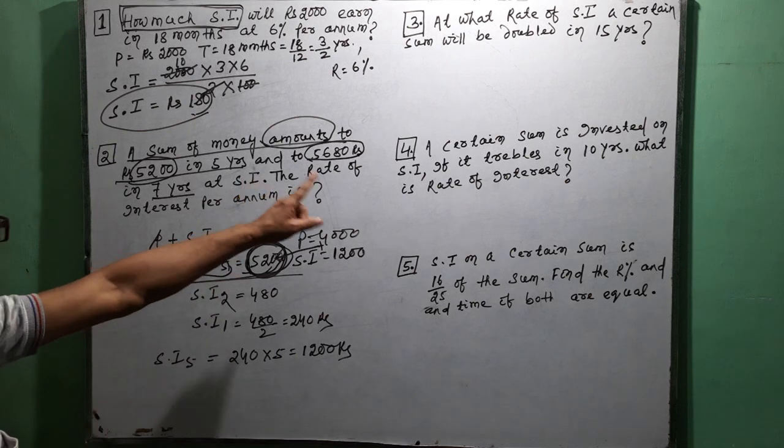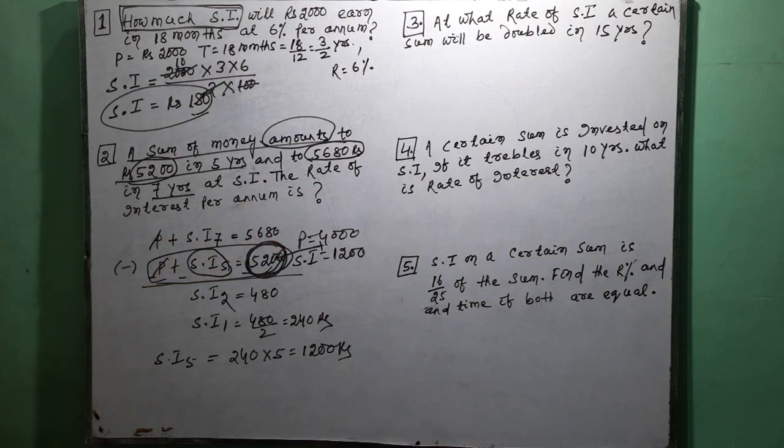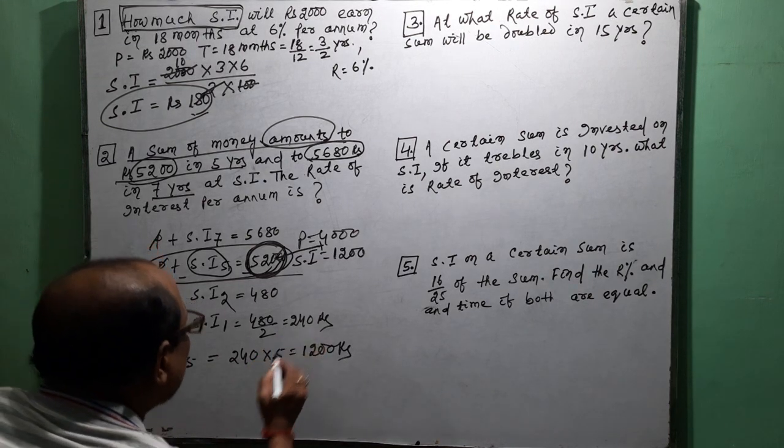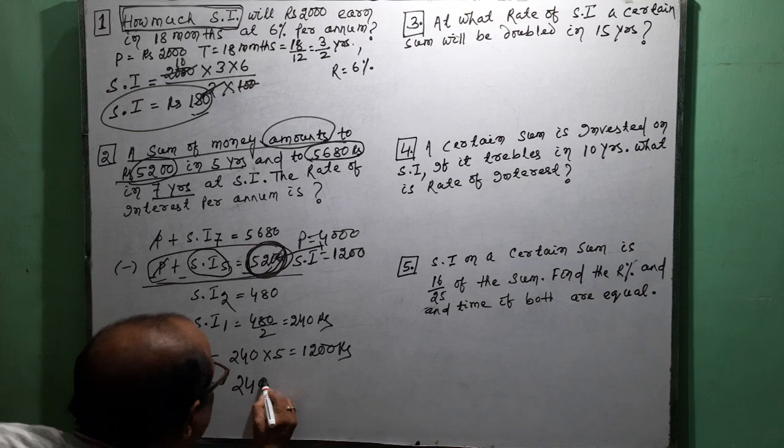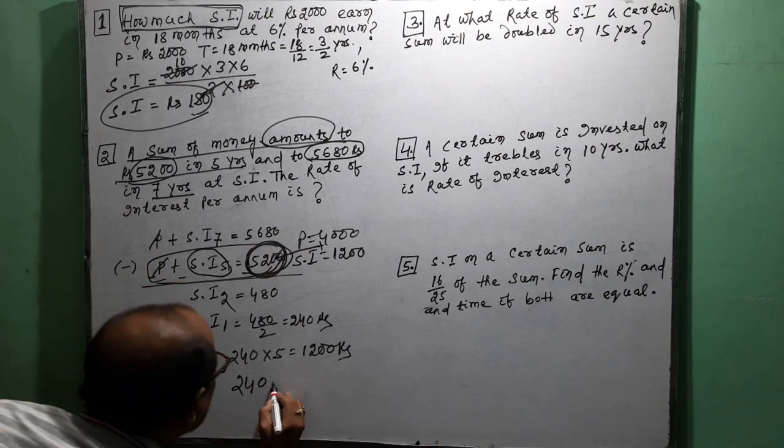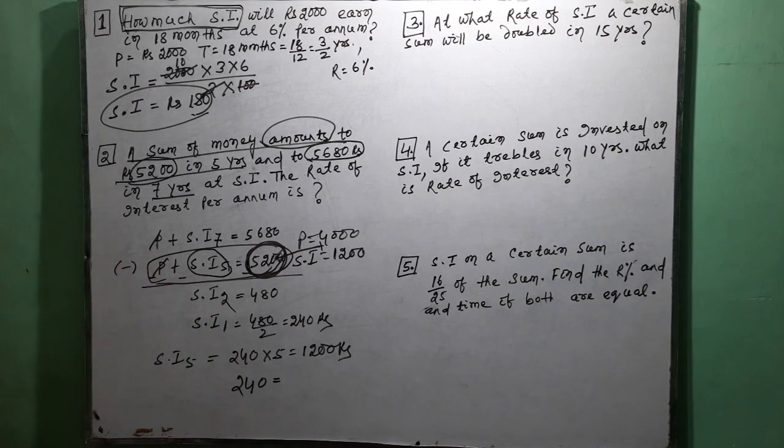The question asked is the rate of interest per annum. So what is the rate of interest? SI for 1 year is equal to 240. SI is equal to PTR by 100.